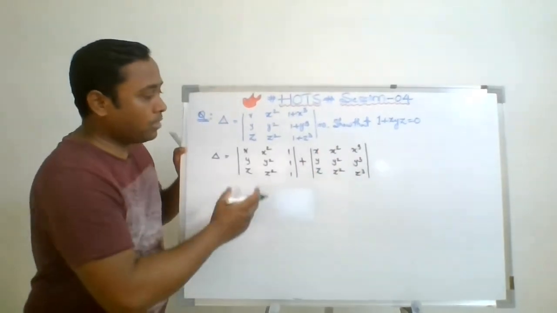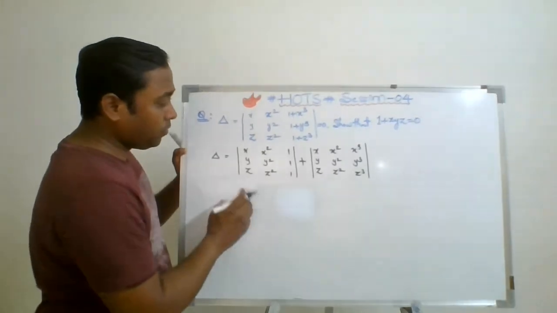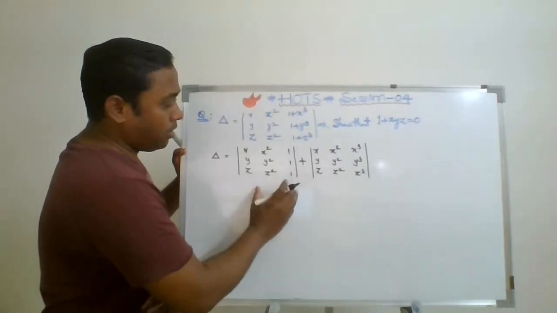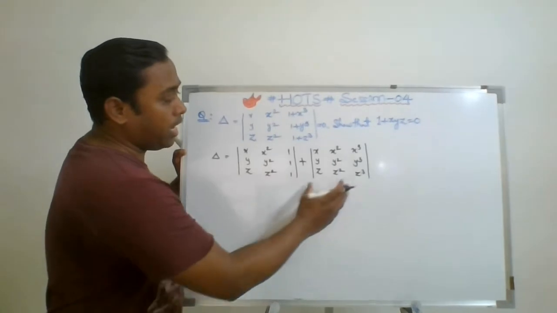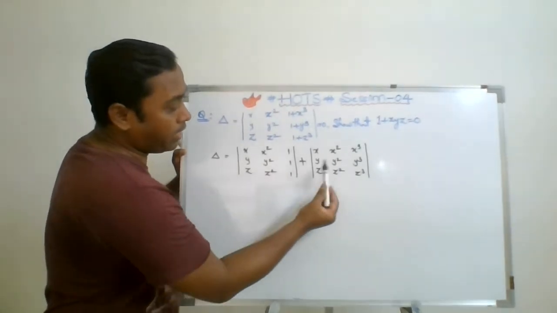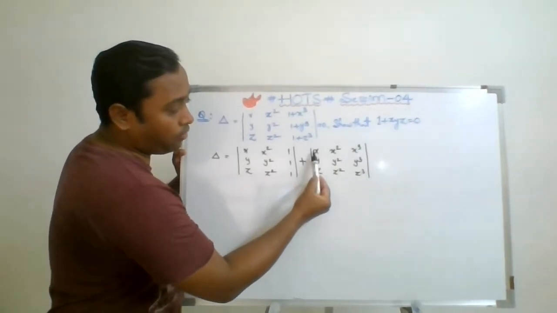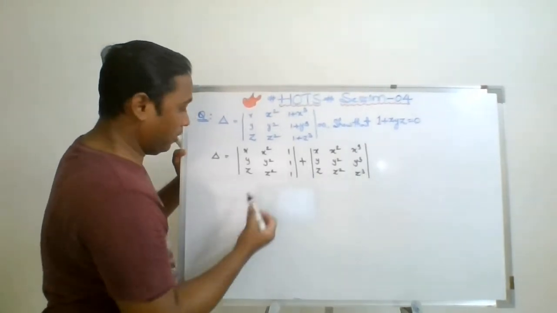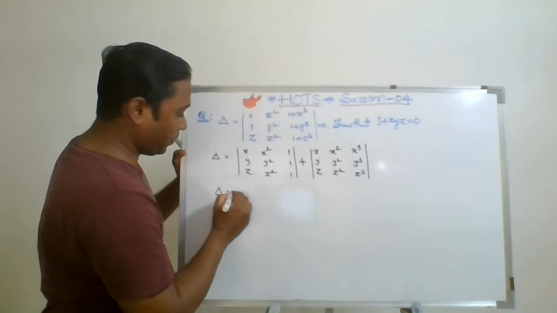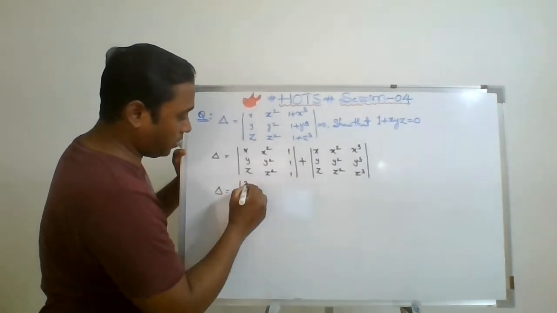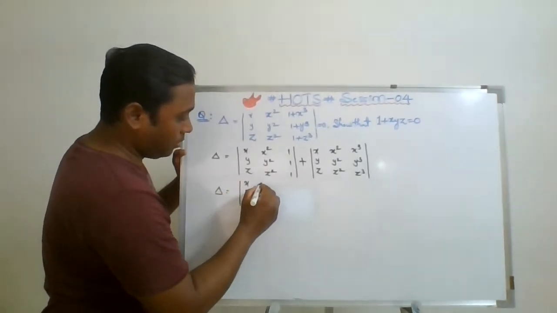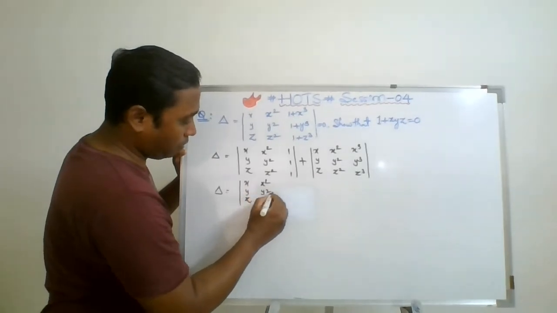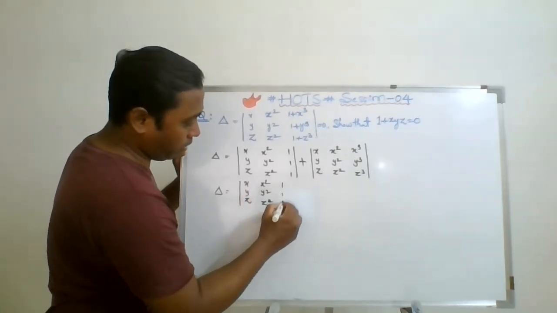Now you can simply say here that nothing is common in the first determinant, and from the second determinant I can take x as a common factor from R1, y from R2, z from R3. I am keeping the first determinant as it is: x square, y square, z square, 1, 1, 1.